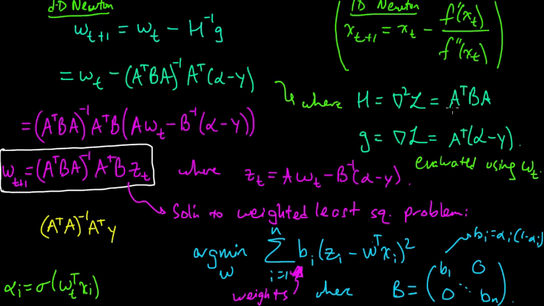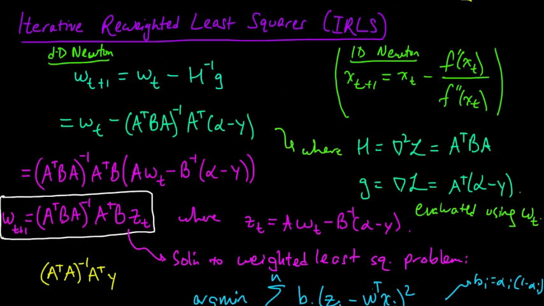All right, so that's it. I just wanted to explain why it's called iteratively reweighted least squares, and to show you explicitly what it looks like after you've gotten the Hessian and the gradient, you plug these in and you get this.